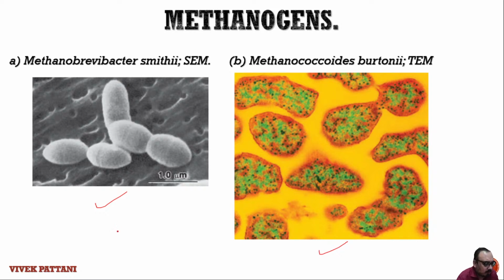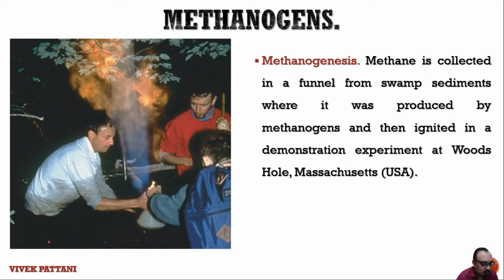Some of the methanogenic bacteria are basically classified into Methanobacterium, Methanococcus, and Methanosarcina, and one spiral one also, Methanospirillum. They are a special group of bacteria under Archaebacteria.